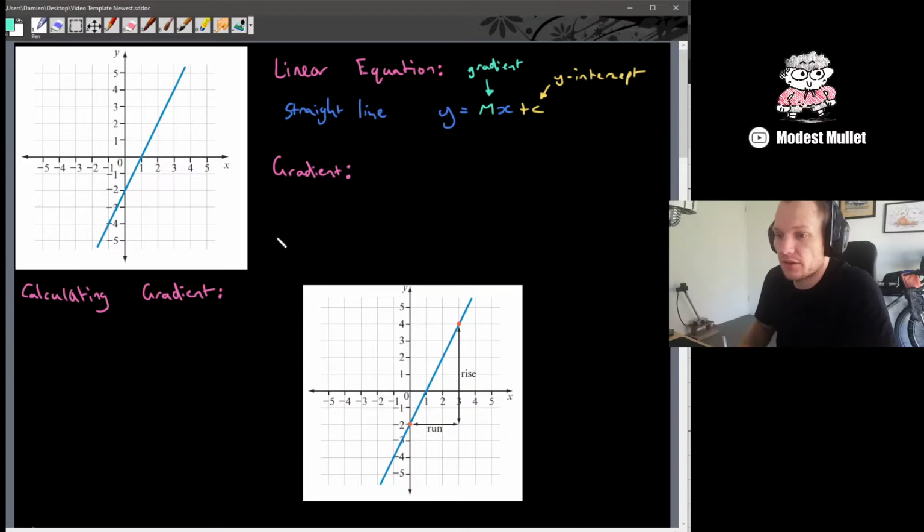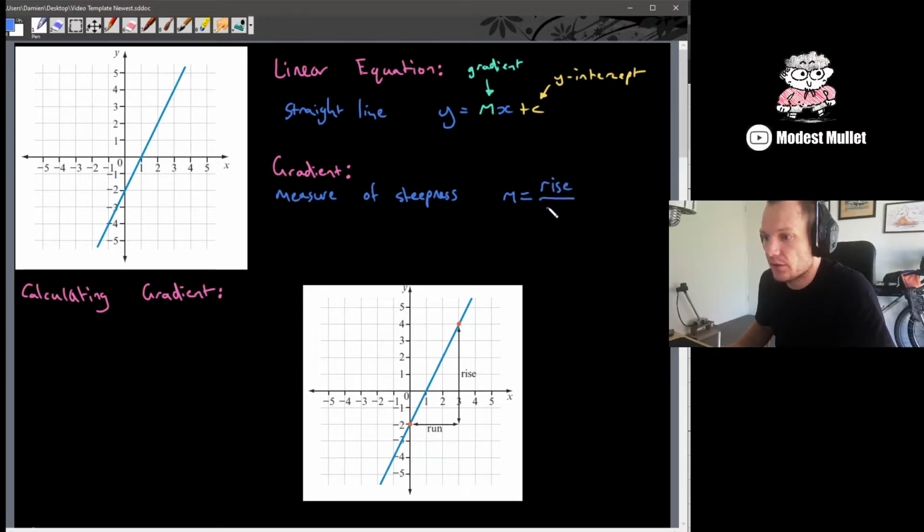Now, gradient, as we talked about, is a measure of steepness. We find it from the general equation: m is equal to our rise over our run.